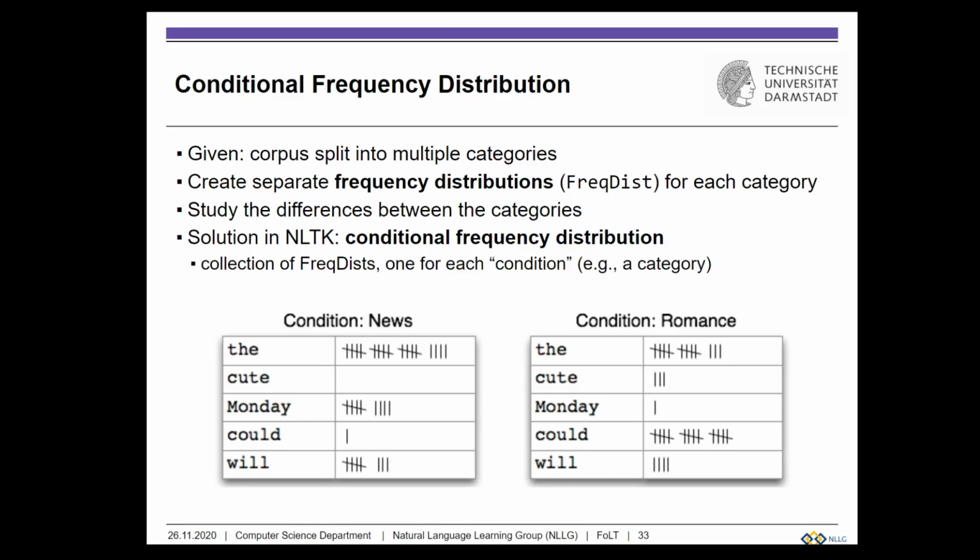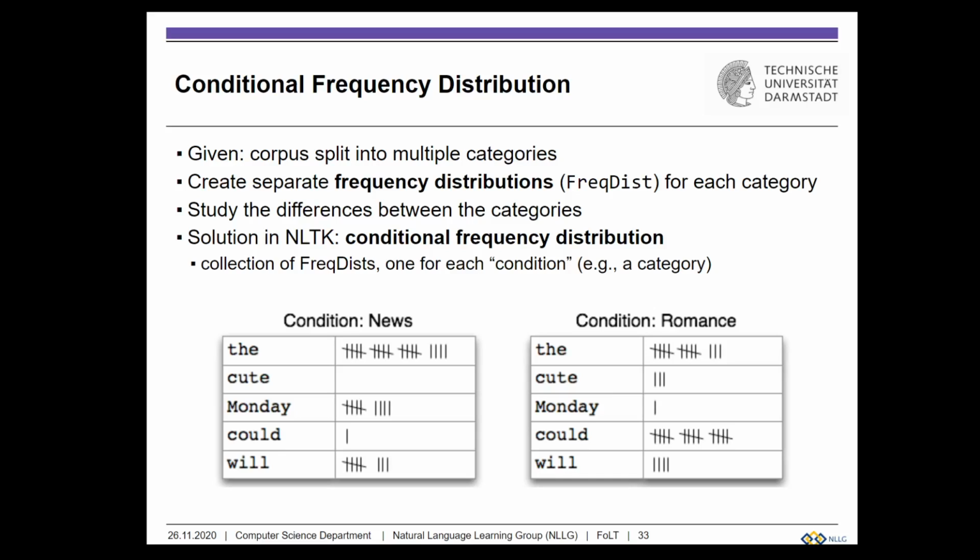So for a conditional frequency distribution, we should have a corpus split along different dimensions, such as different categories, or as we also call them, different classes. The idea is we first generate a frequency distribution in NLTK, also called FreqDist.